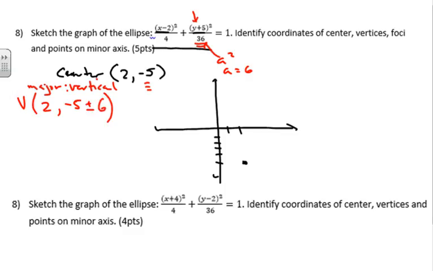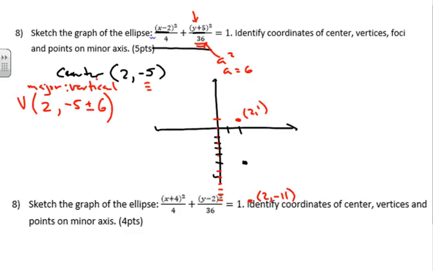So as we do this, we go 1, 2, 3, 4, 5, 6. So we have a point right here at (2, 1). And then we can go down 6, 1, 2, 3, 4, 5, 6, and I'm going to put it here. And that's going to be at (2, -11).